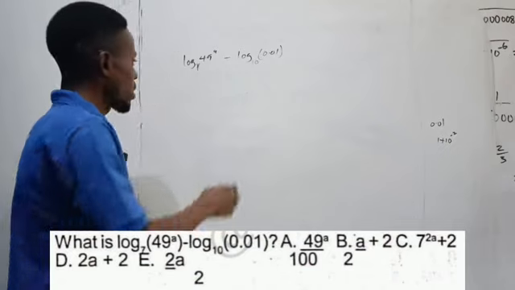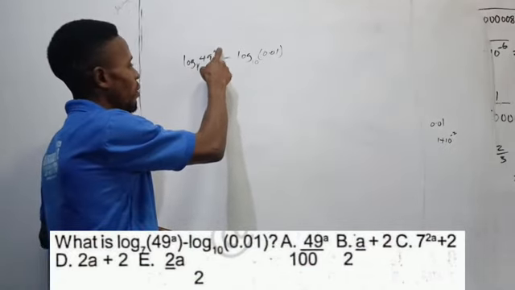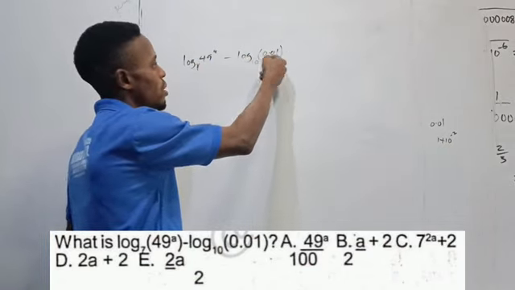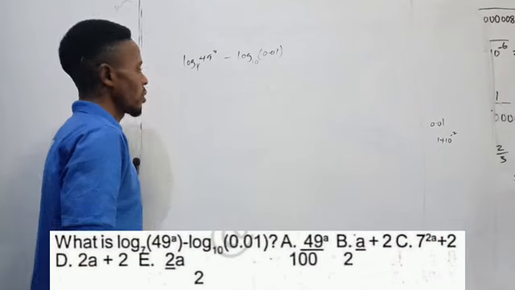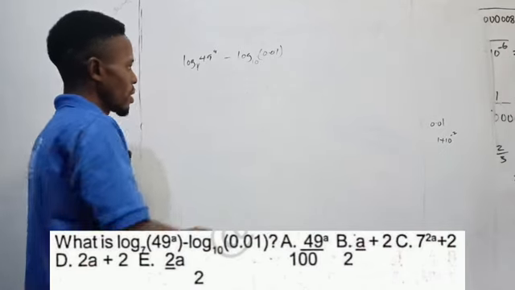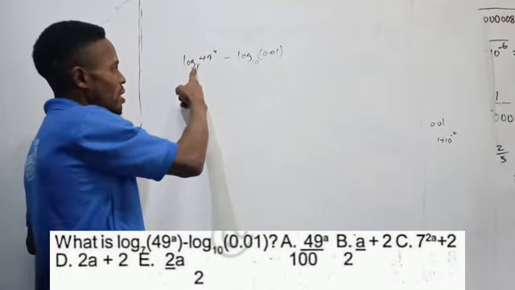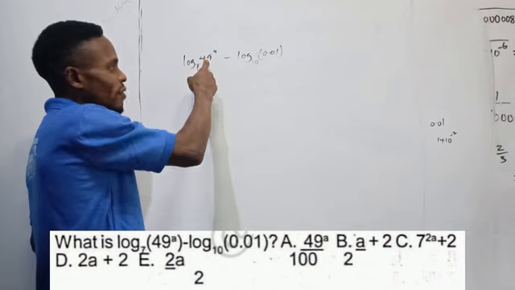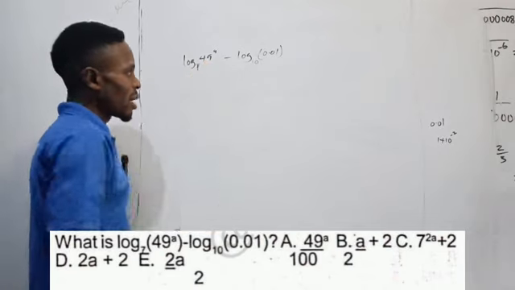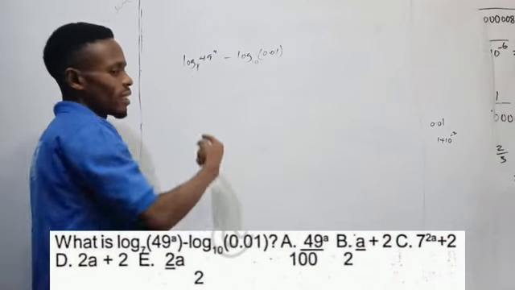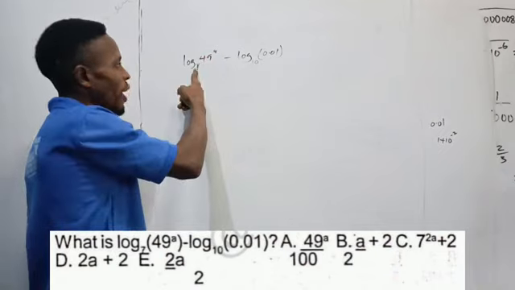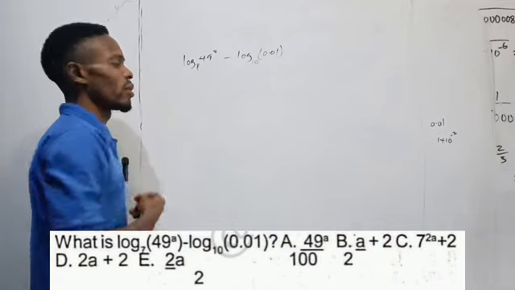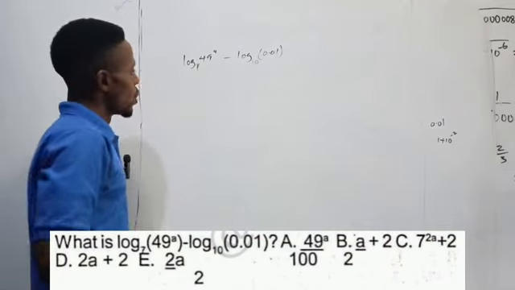So the question says log base 7 of 49, and log base 10 of 0.01. How do we solve that? In order to solve this, the base 7 is a factor of 49, so we can write this 49 in index form with the help of this 7.